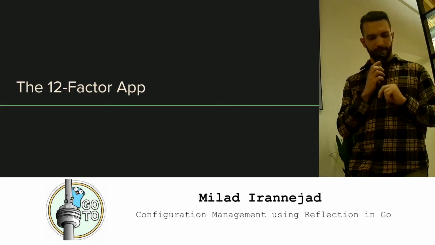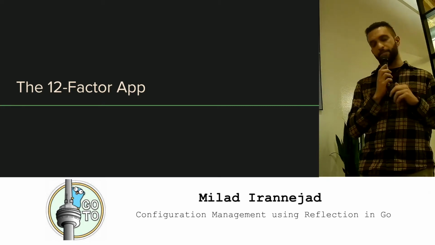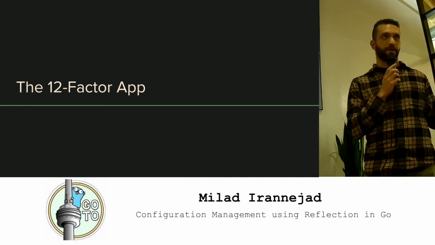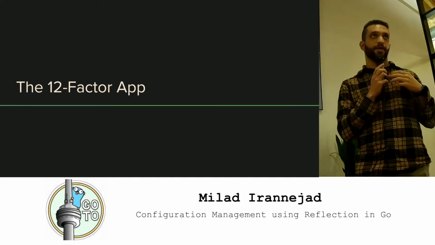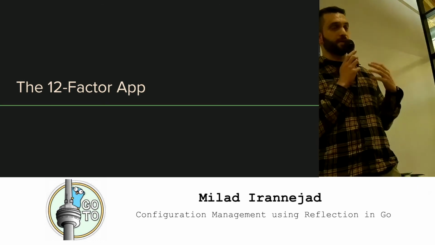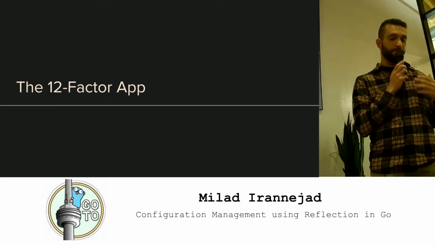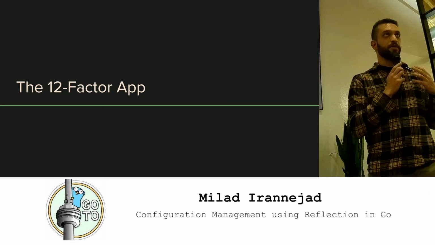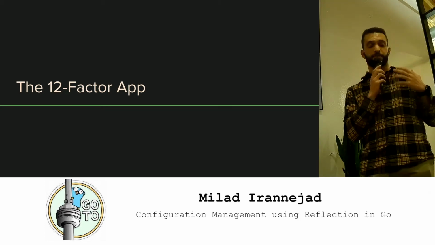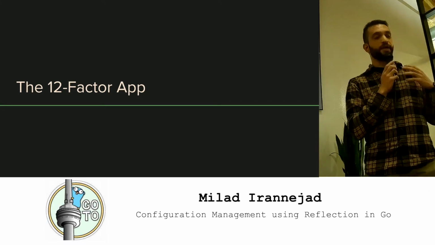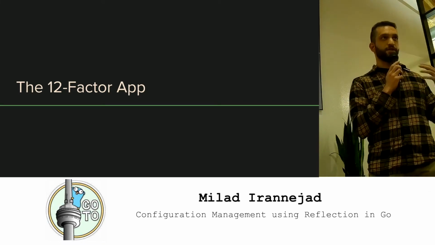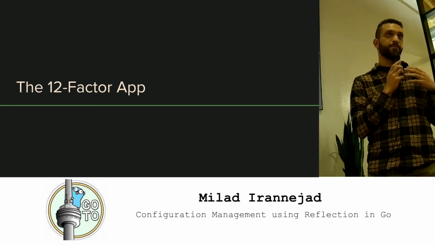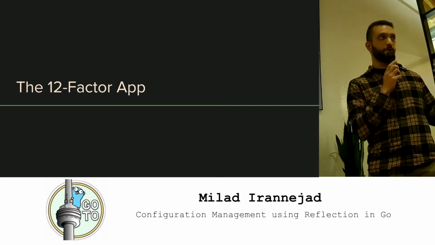The next topic is the 12-factor app, which I assume many of you have heard of. It was proposed before containerization technology became popular, but it's still so relevant today. By relevant, I mean that if you stick to the 12 principles proposed there, you can easily scale your applications, deploy them to different environments, and basically make them agnostic about where they're being run.